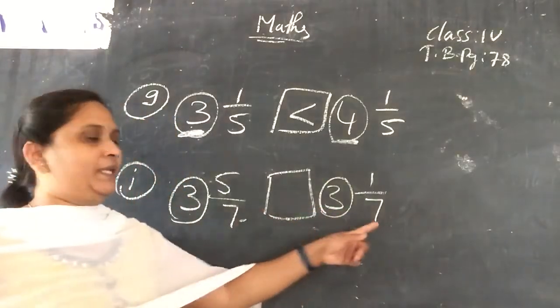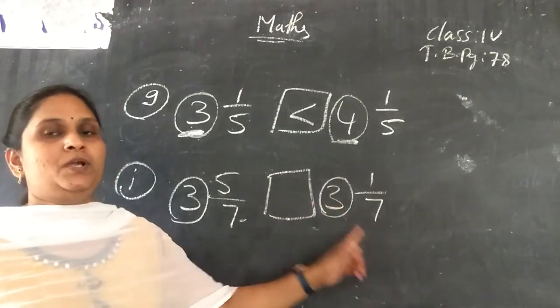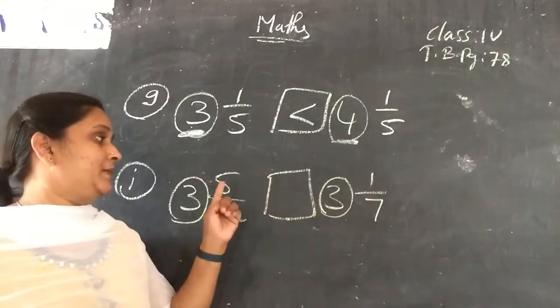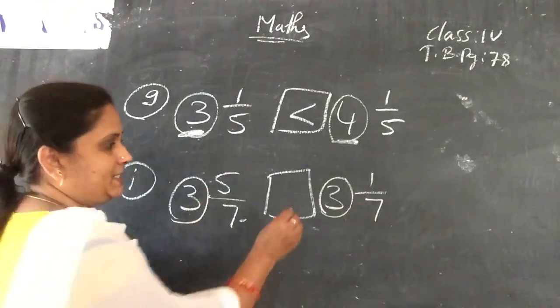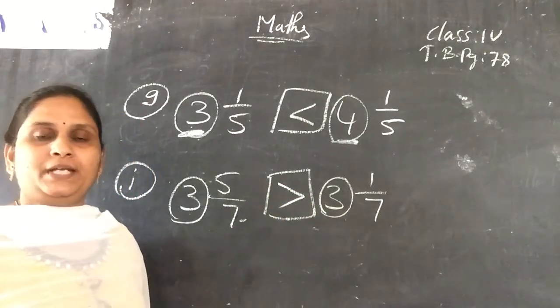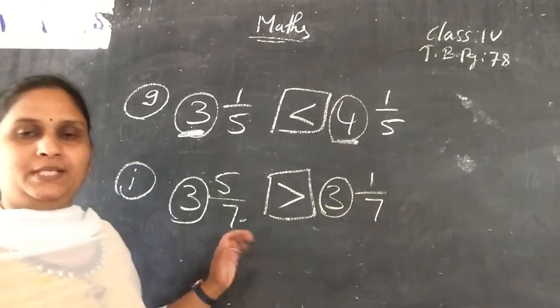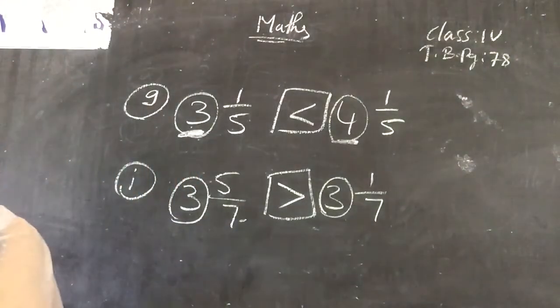Now compare the denominators. Denominators are also the same, 7 and 7. Now you have to compare the numerators. 5 and 1, which is the greatest number, children? 5 is the greatest number. Got it? Like this you have to compare. This is related to section 1. Next, coming to section number 2.